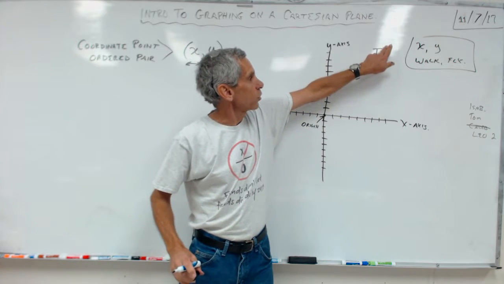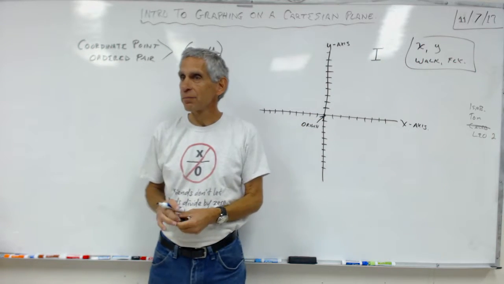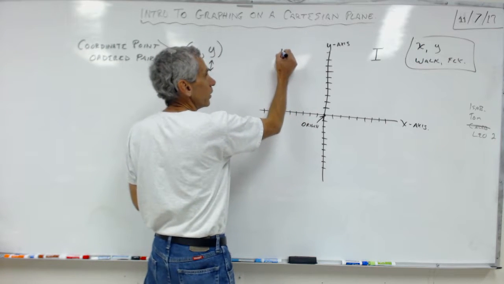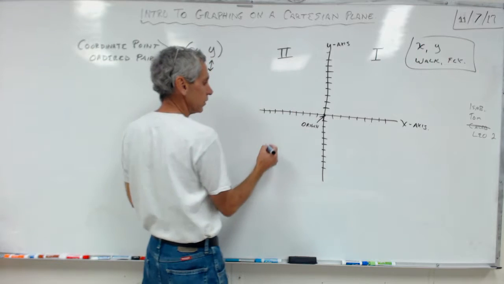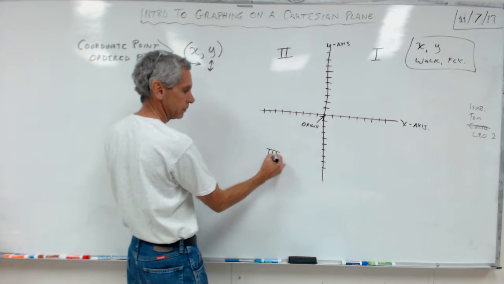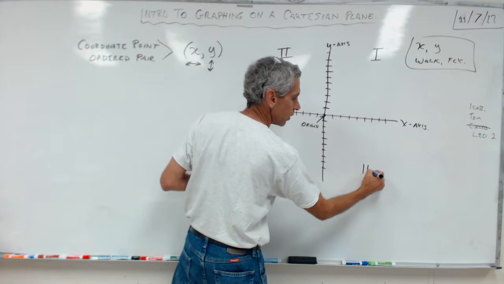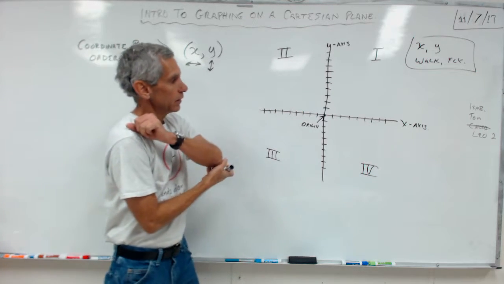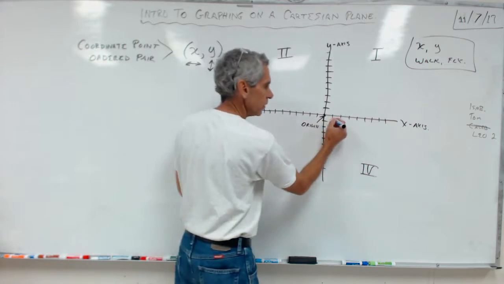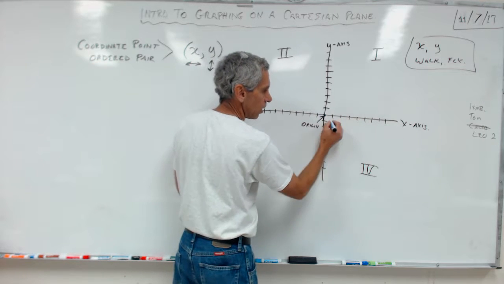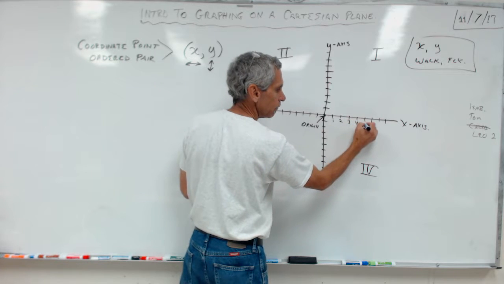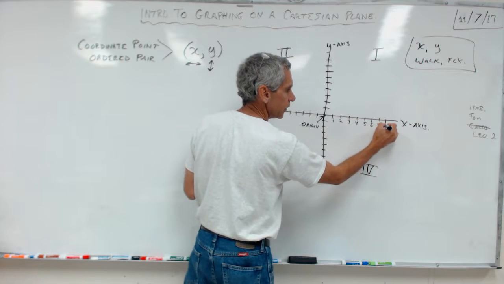So you always write your quadrants in an uppercase Roman numeral, right? And then this is quadrant 2. This is quadrant 3. And this is quadrant 4. Okay? And notice, if we make these all 1 unit, this is 1, 2, 3, 4, 5, 6, 7, 8.